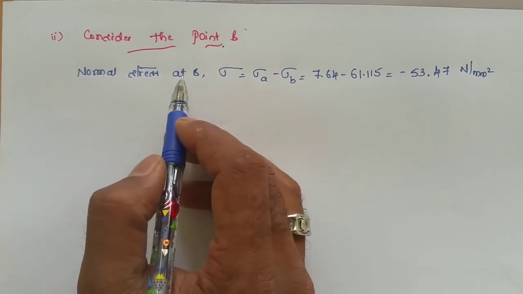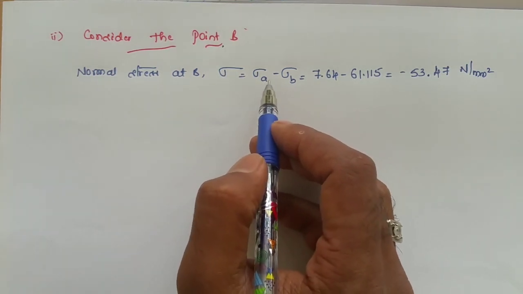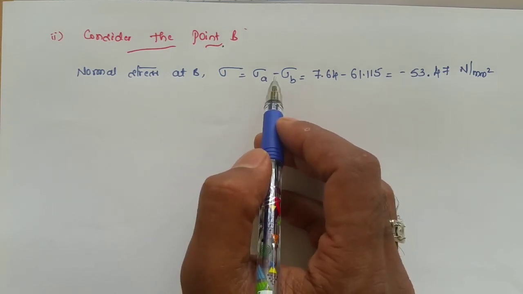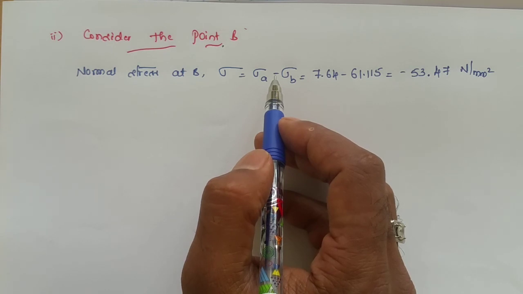The normal stress at B is given by sigma is equal to sigma axial minus sigma bending. I have taken the minus here because at critical point B, when we see the figure, there will be compression because of the bending. That's why we have taken the minus sign.